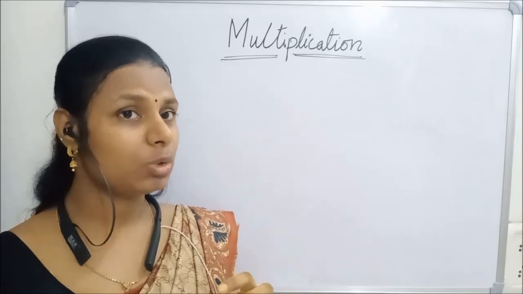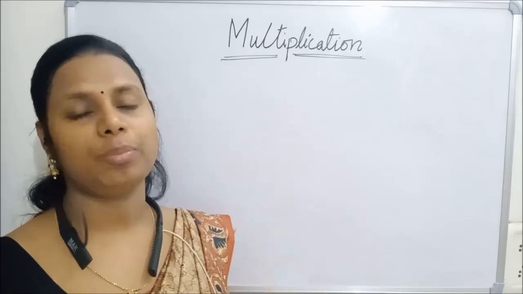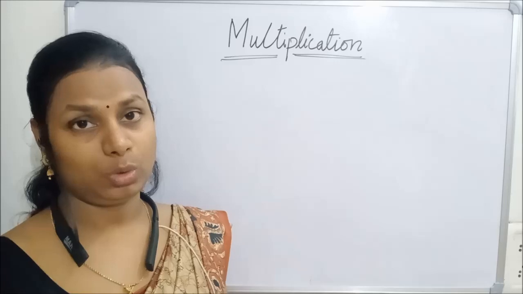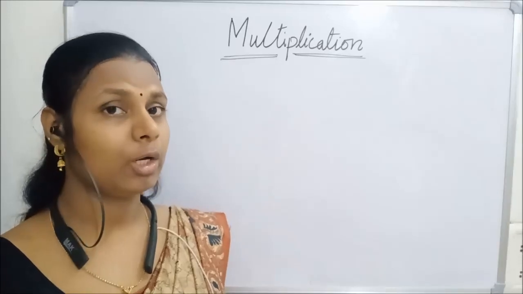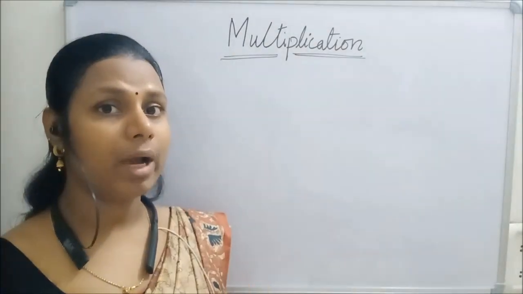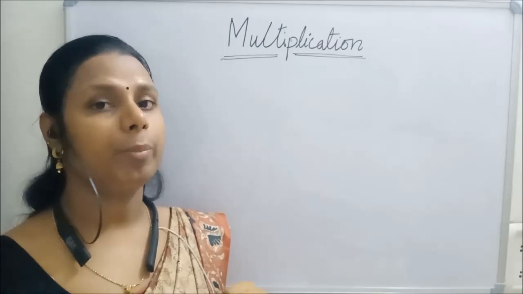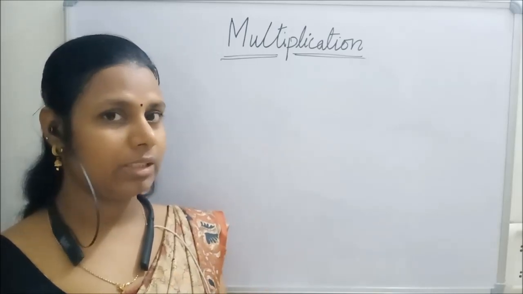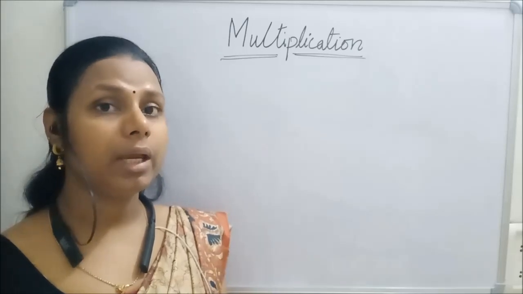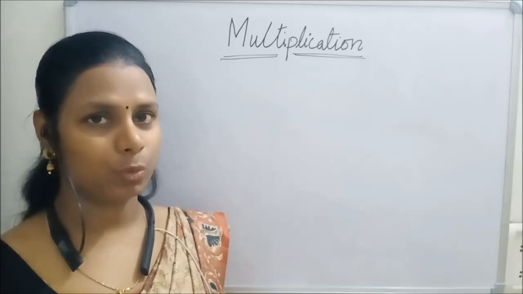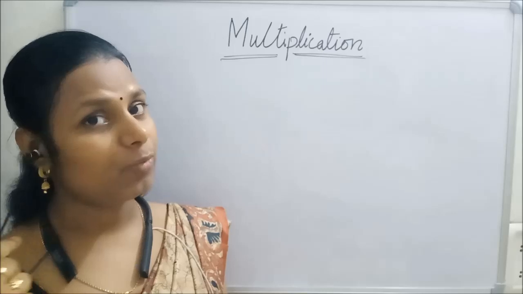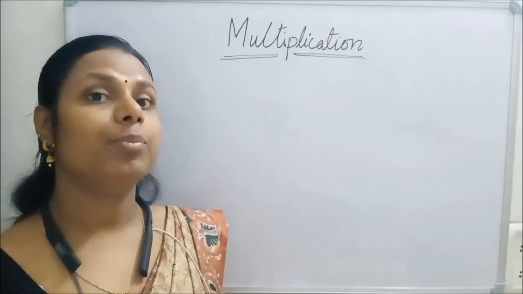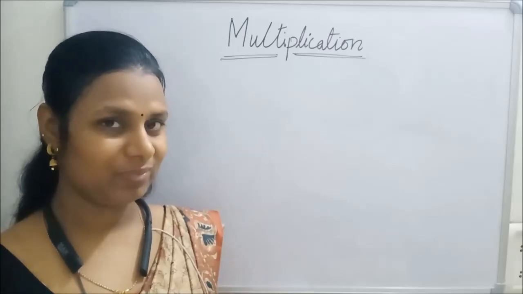So, we must know the properties of multiplication. So, today the main thing you are going to learn is 5 properties of multiplication. The first one is multiplicative property of 0. The second one, multiplicative property of 1.